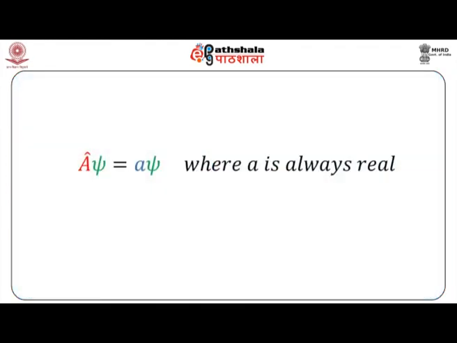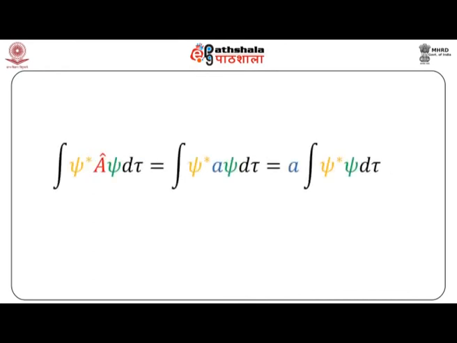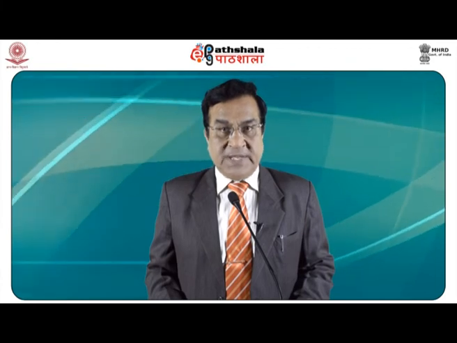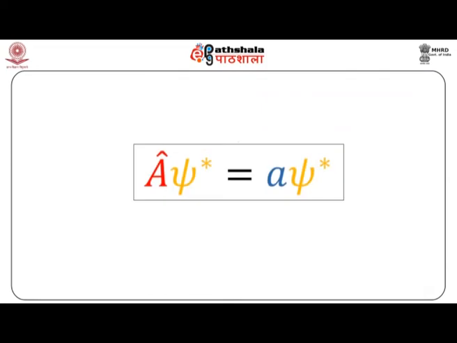For example, if there is an equation A cap psi equals a psi, then small a is the value corresponding to the operator A cap, which is real in quantum mechanics. Now if we multiply the equation by psi star and integrate, we get an equation. If, on the other hand, we take the complex conjugate of the equation A cap psi equals a psi, we get this equation.